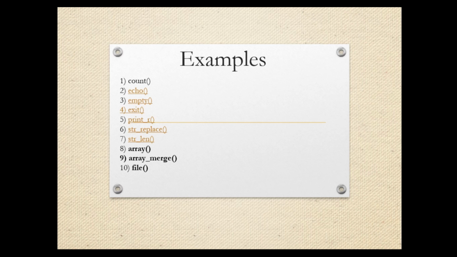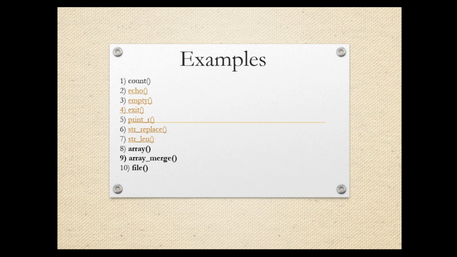So when I use array underscore merge, it will combine the values of both arrays, and it will give the output of all four values at once.